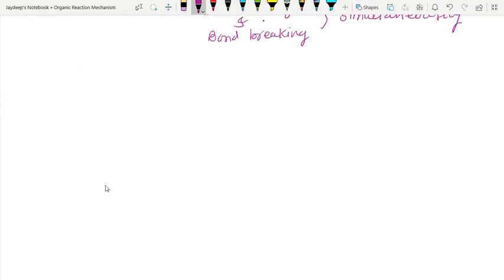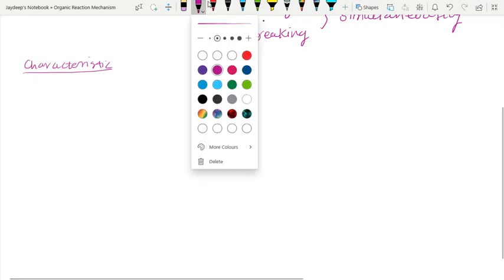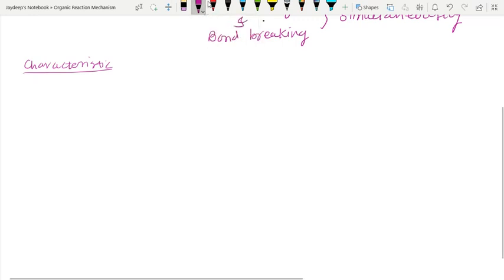So there are a few characteristics of pericyclic reactions. Now these are, one by one. The first characteristic: these are reversible reactions. Reversible reactions mean they can go in the forward direction as well as the backward direction.